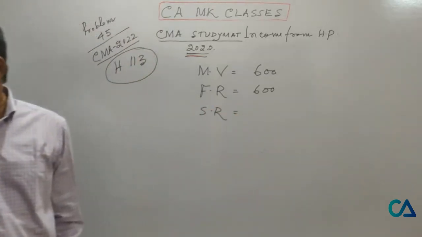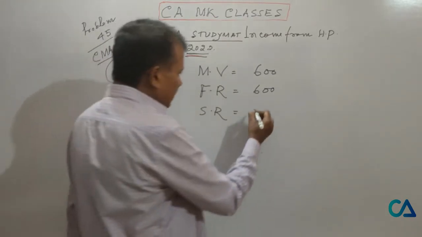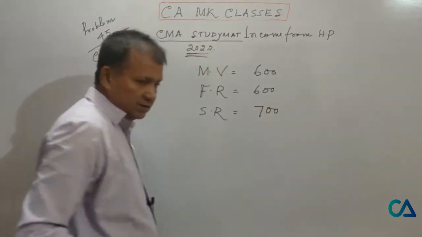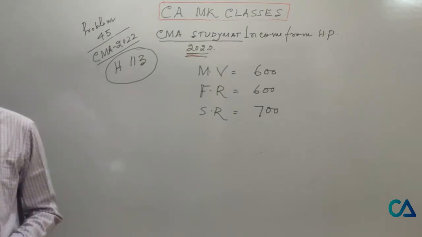So standard rent is given to you 700. This 700 is the standard rent.